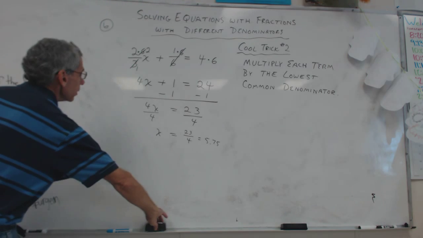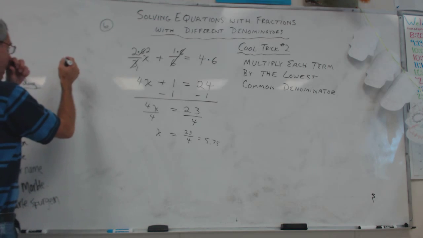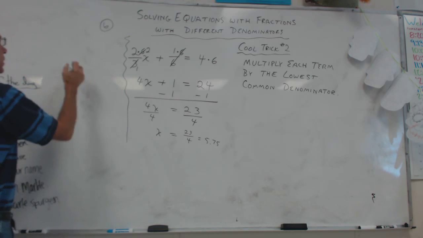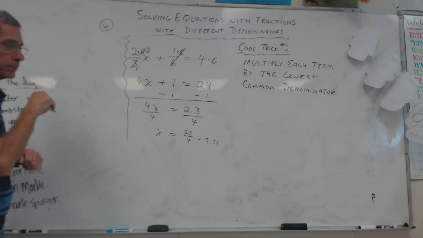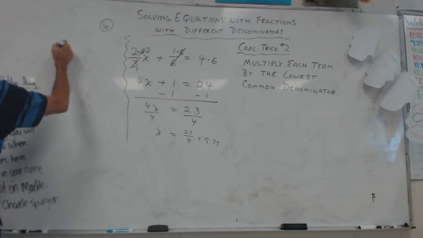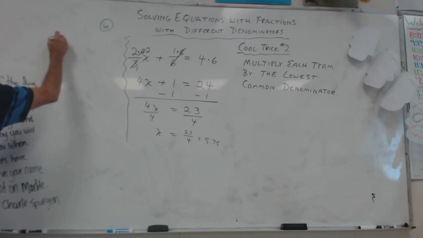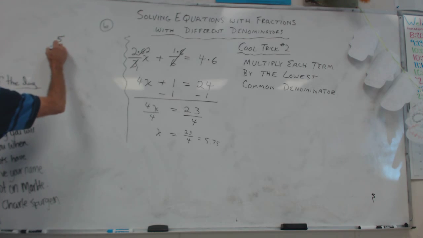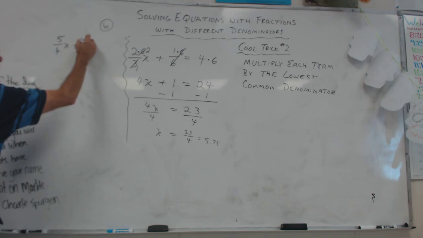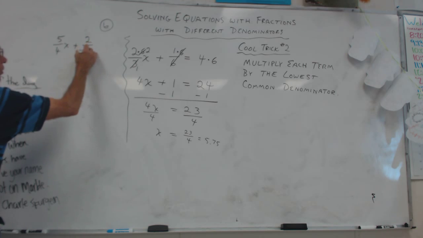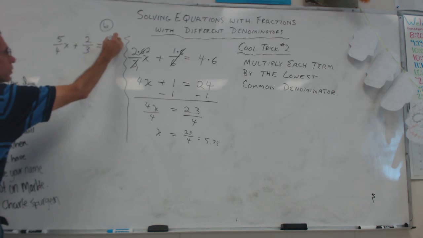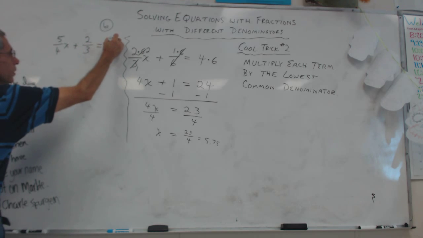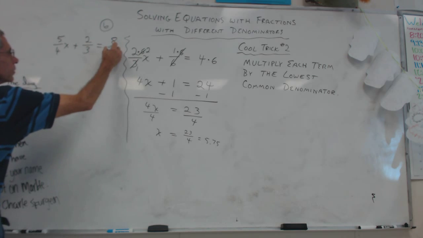Okay. All right, here we go. Here's another one. How about 5/4 x plus 2/3 equals 8/3.